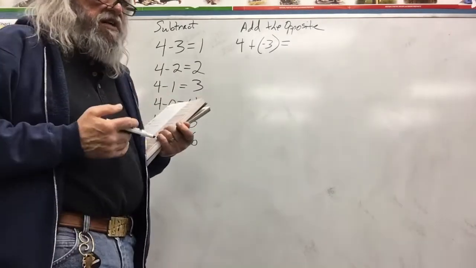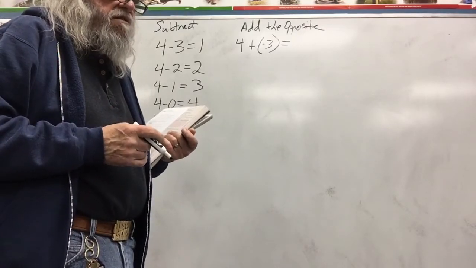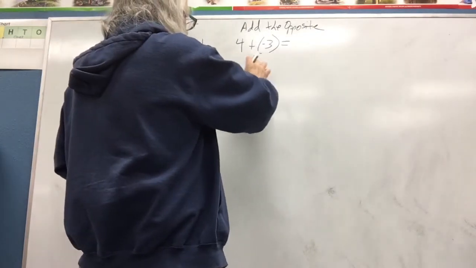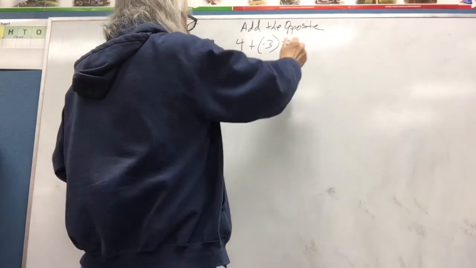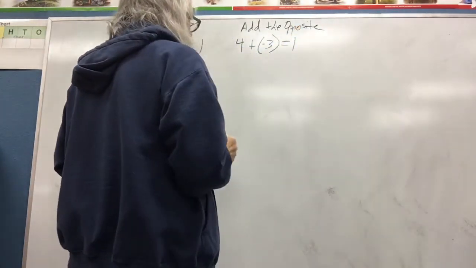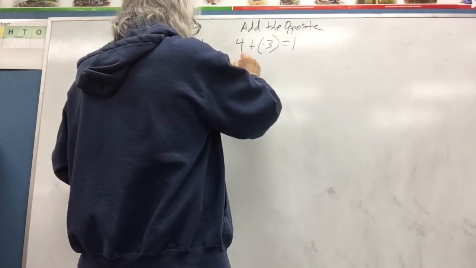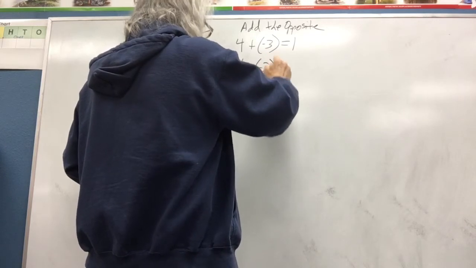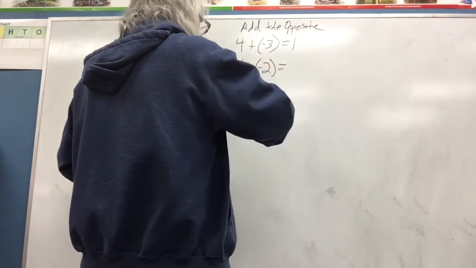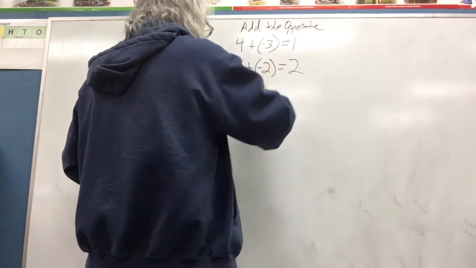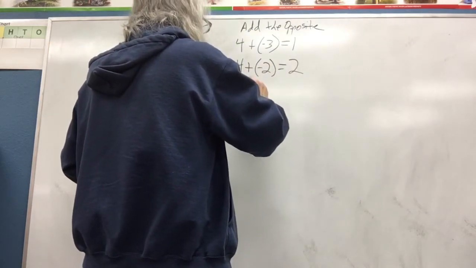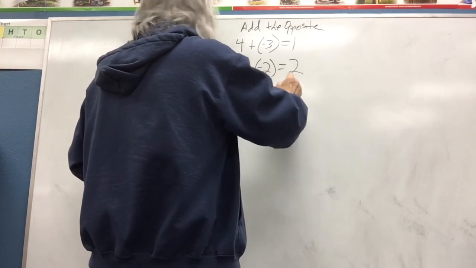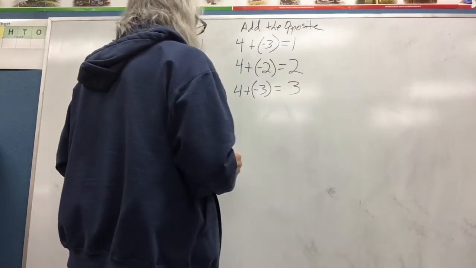Remember, a positive and negative cancel each other out. And so adding a negative 3 to this, 3 is going to cancel out 3 of these. Your answer is going to be 1. Adding a negative 2, you get an answer of 2. Adding a negative 3, you get an answer of 3.